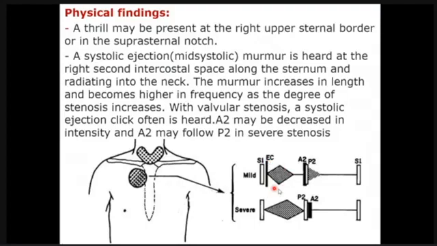And this is the ejection systolic murmur, or what we call the mid-systolic murmur. In the case of mild stenosis, it would be short, while in the case of severe stenosis, it would be long.